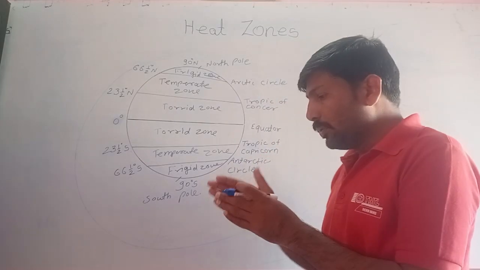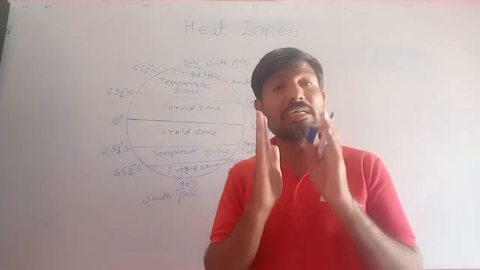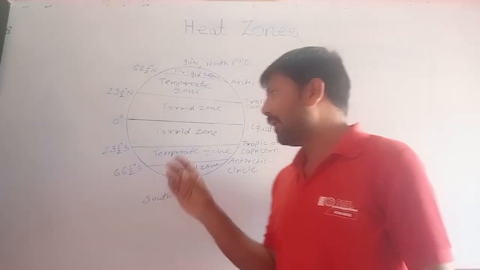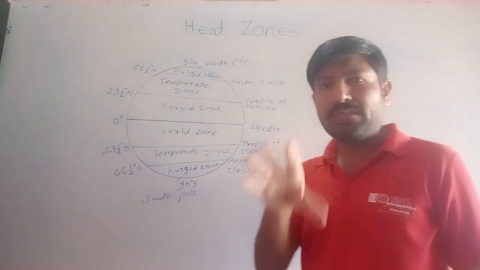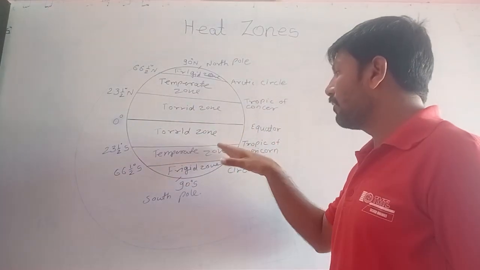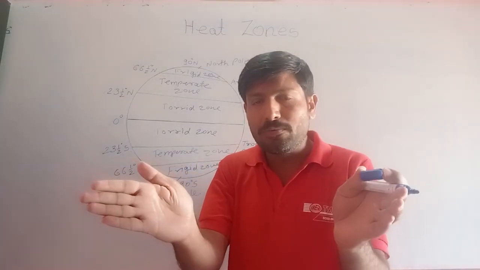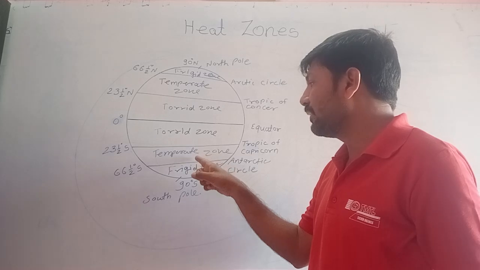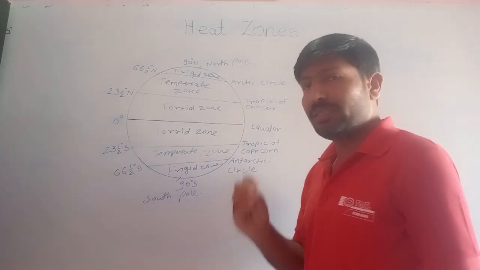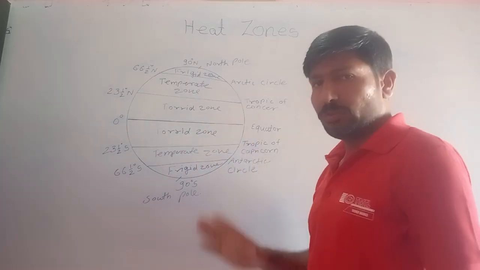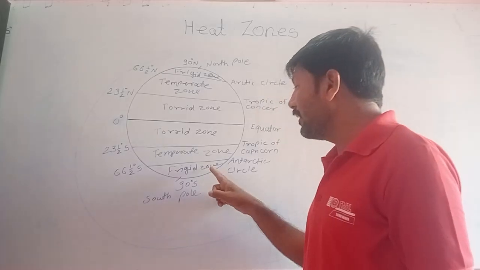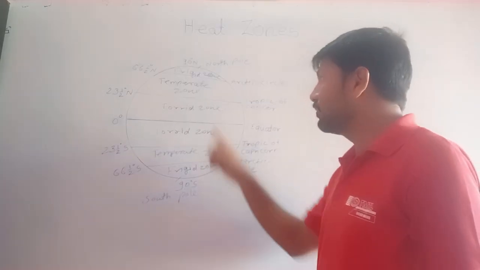These zones are categorized because of the sun rays that fall on them. In the torrid zone, straight sunlight falls. On the contrary, in the temperate zone, sun rays become a little bit slanting, which means the temperate zone receives fewer sun rays than the torrid zone. The final zone is the frigid zone.